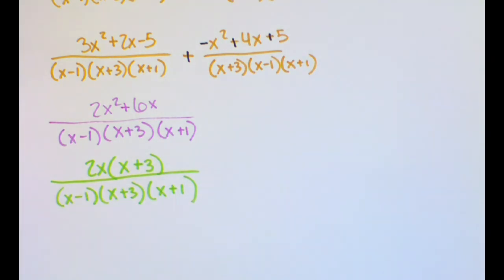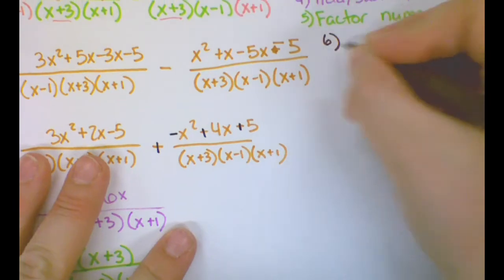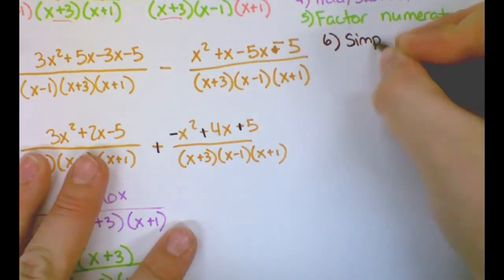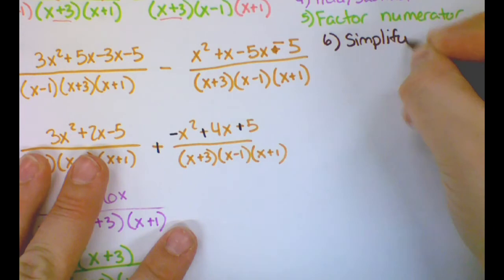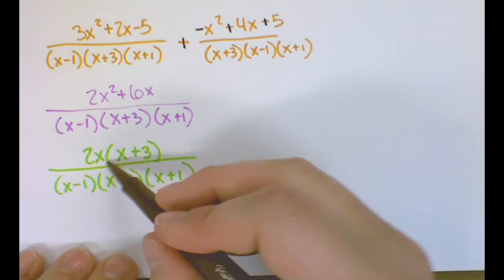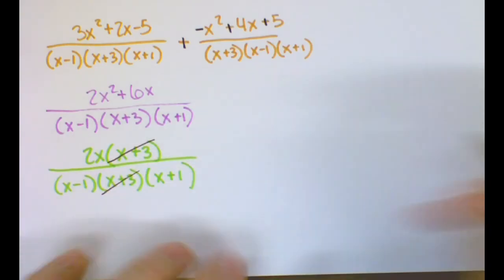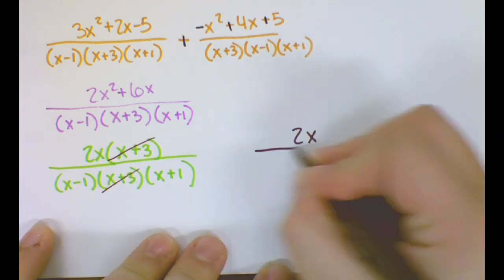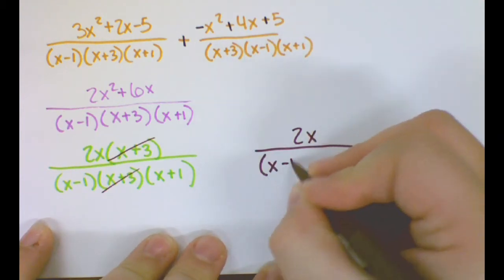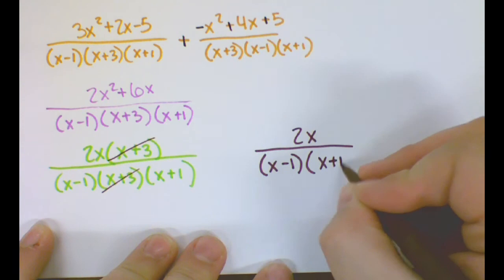And our final, well, almost final step, simplify by canceling like terms. I see that this has an x plus 3 in the numerator and denominator, leaving me 2x over x minus 1 times x plus 1.